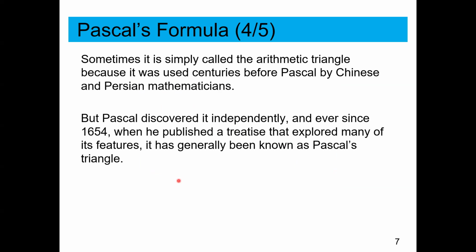A quick note: even though this is attributed to Pascal, it was actually discovered earlier, just like some of you may be familiar with Euclid's Elements or a number of other key formulas, like the Pythagorean theorem. Many of these were actually discovered centuries before by the Chinese, the Arabs, and others in that portion of the world, in Egypt and India.